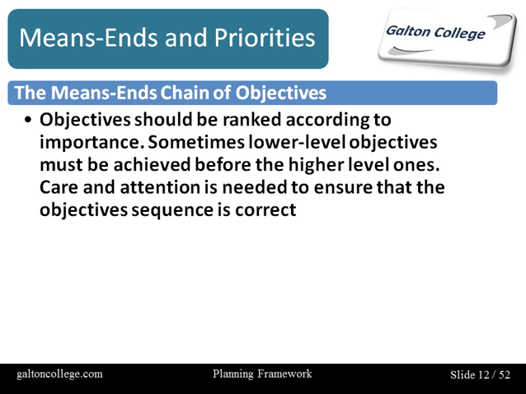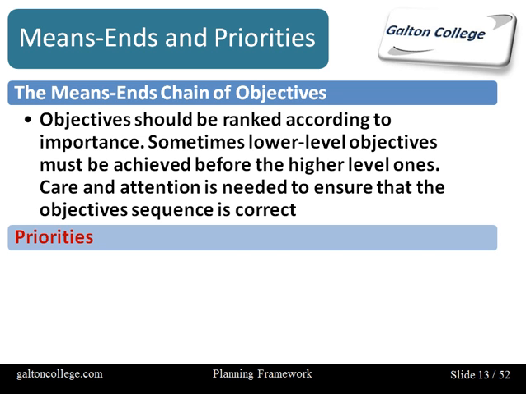But whatever, the point is that care and attention must ensure that the objectives are in the right sequence. That's the point. Objectives must be ordered according to their priority. And if one is a prerequisite to the next, then it must come before the next. Otherwise, that chain is broken.